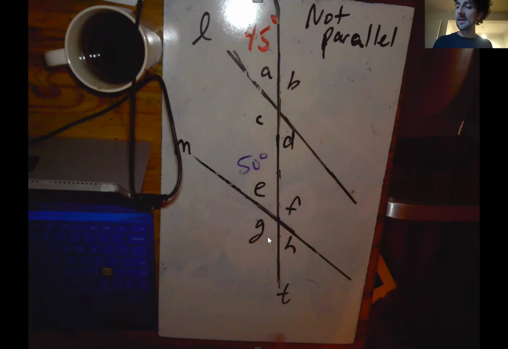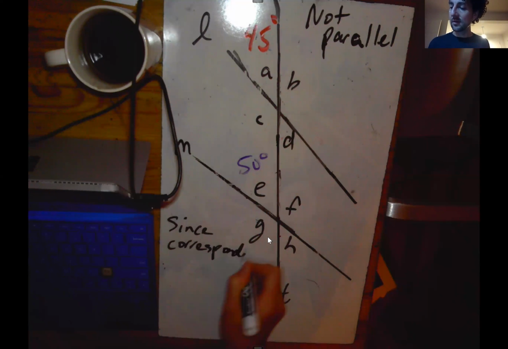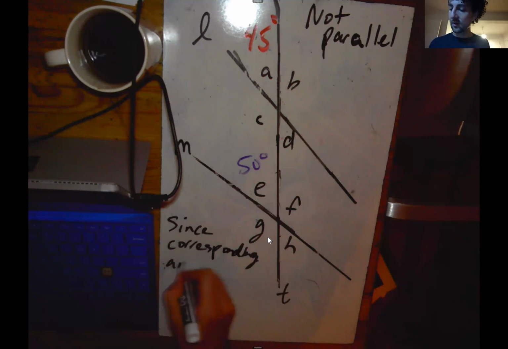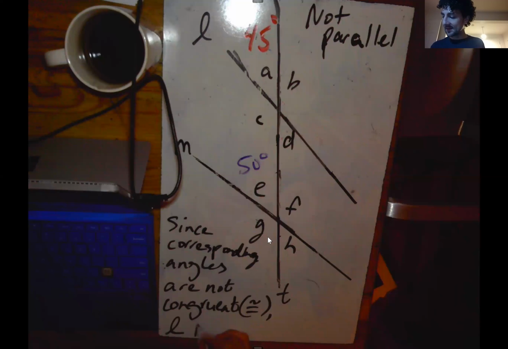So we could say, since corresponding angles are not congruent, congruent meaning having the same angle measure, L is not parallel to M.